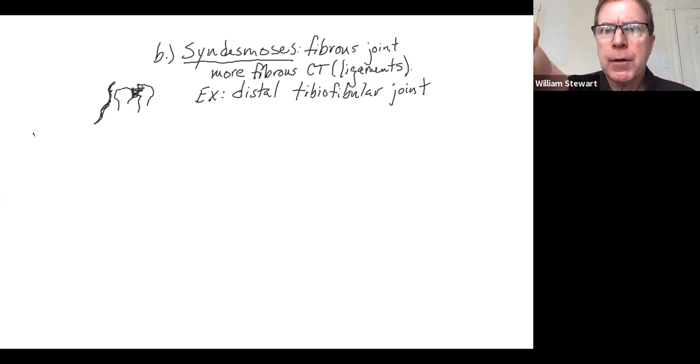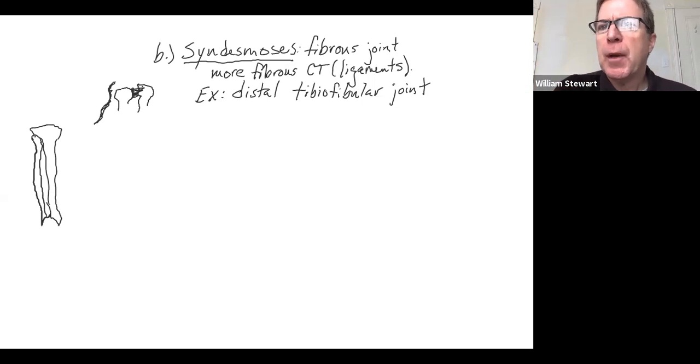Let me draw that really quickly. Here's the tibia. And then the fibula does this. The distal tibiofibular joint right here, and technically the proximal one up here, are considered syndesmoses.